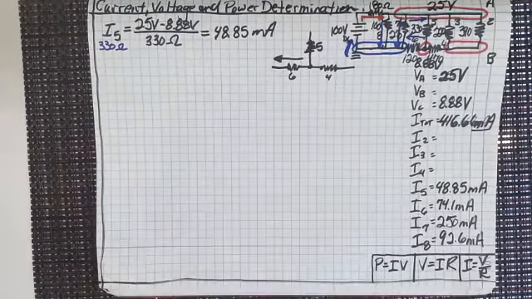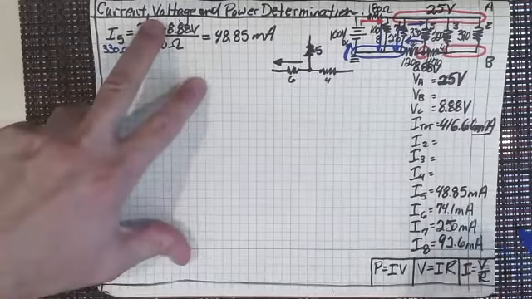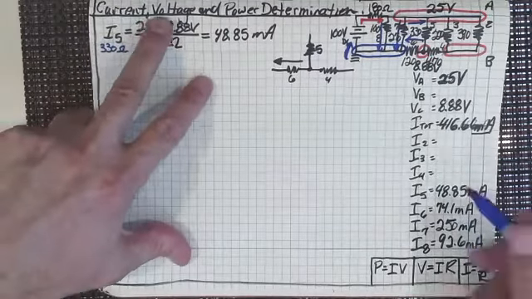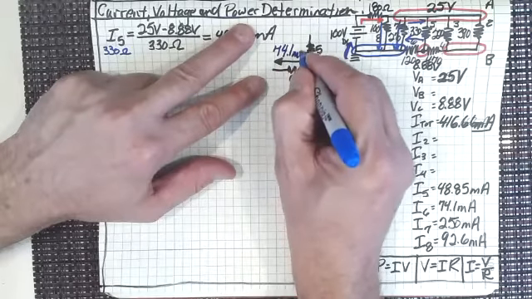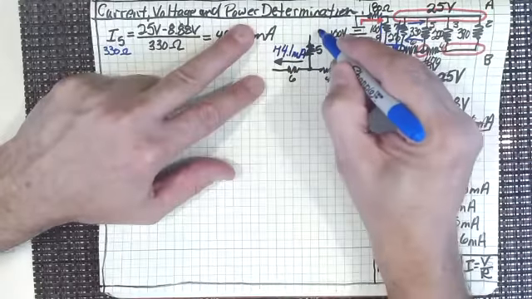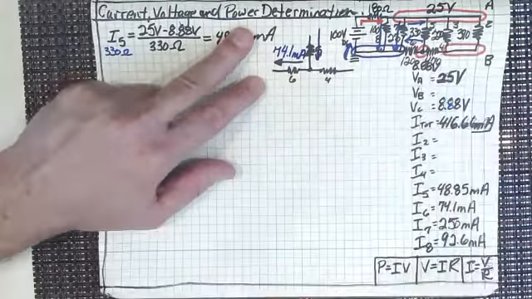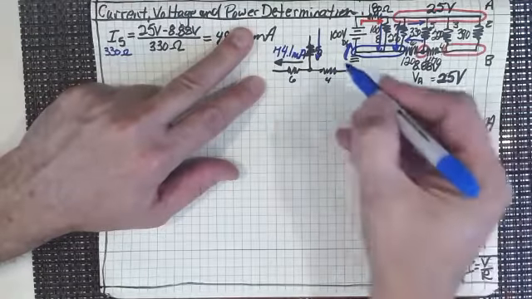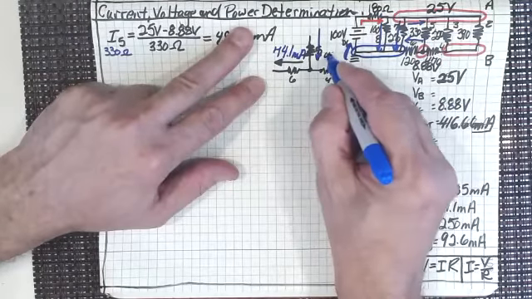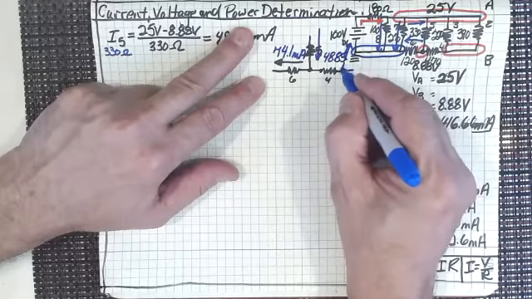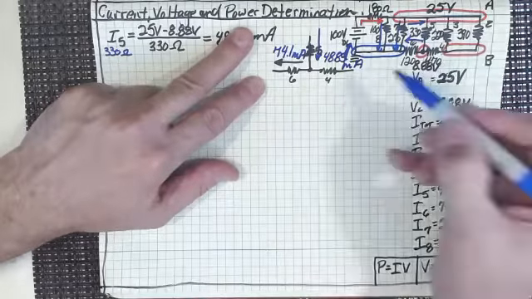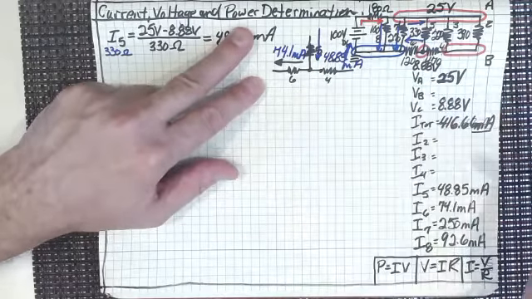We know what's going back: 74.1 milliamps. And we know that coming into that node, we've also got 48.85 milliamps.